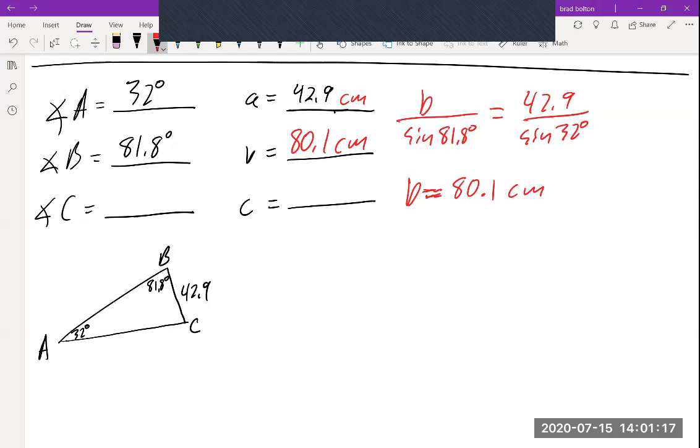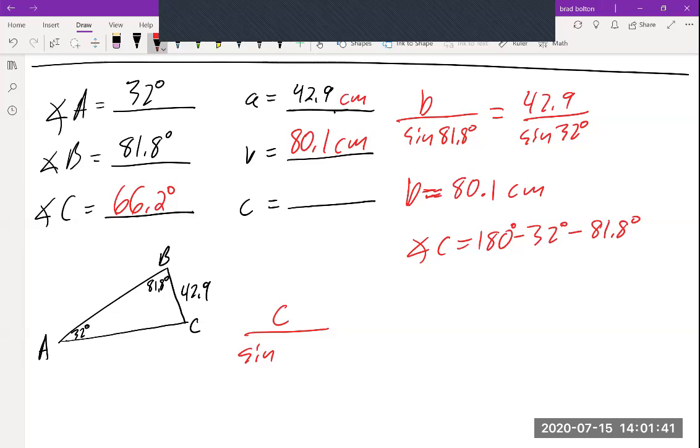Now, technically, if I want to find angle C, it is 180 minus 32 degrees minus 81.8 degrees. So 180 minus 32 minus 81.8. So I should get 66.2 degrees. So that's another easy gimme right there. Okay, so now I have to find side C, and that's going to be C over the sine of 66.2 degrees is equal to, once again, I'm going to use A, 42.9 divided by sine of 32 degrees.